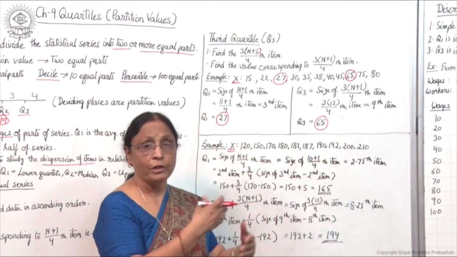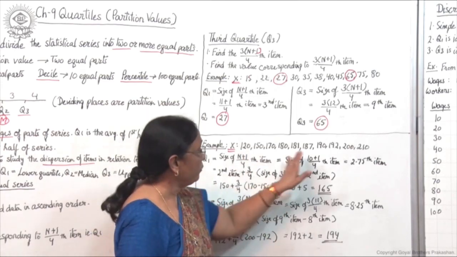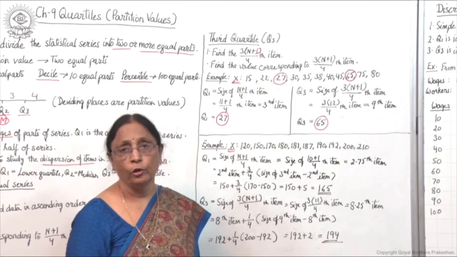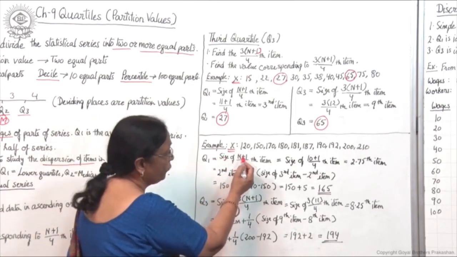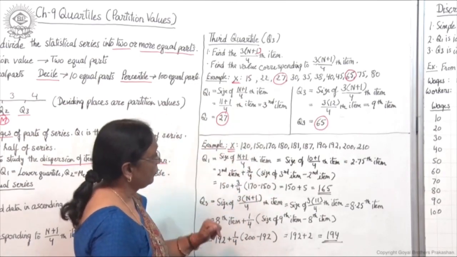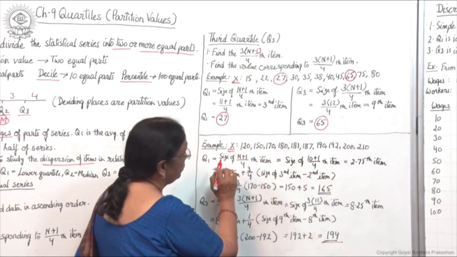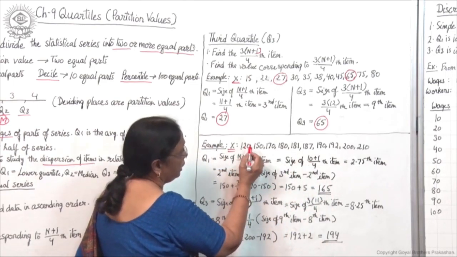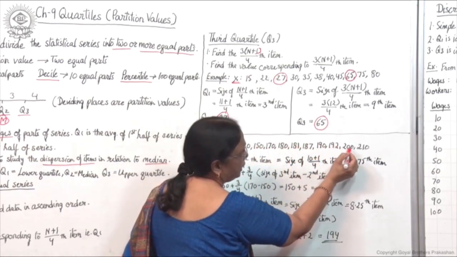Imagine it was given in haphazard order, not in ascending order, and we have arranged the data in ascending order. Now Q1, size of the (n+1)/4th item, same formula, is equal to the size of n. How much is n? You have to find out. In this case 1, 2, 3, 4, 5, 6, 7, 8, 9, 10.